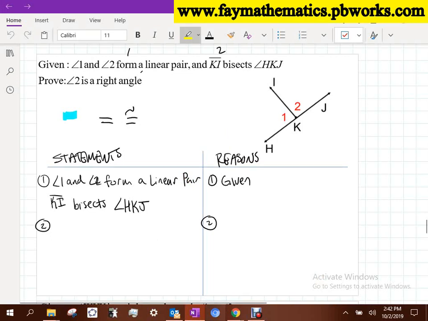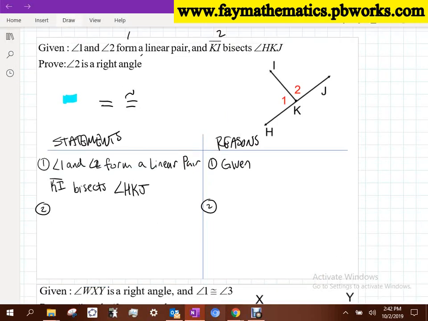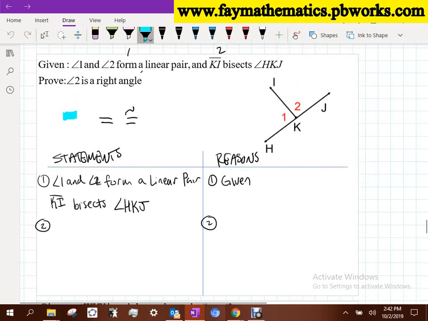Okay? So linear pair is a vocabulary word. Now that is a unique vocabulary word, so it behaves a little bit differently than any other vocabulary words we talk about. The other vocabulary word here is bisects. When we see those terms, we need to write down what those mean to us.